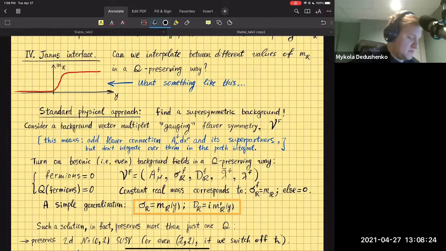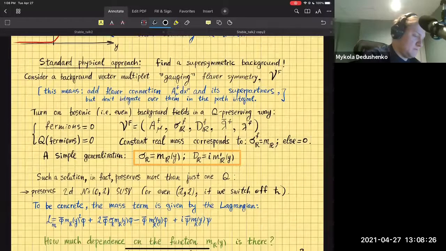It preserves the whole 2D N=(0,2), so in fact two supercharges. And if we turn off this SUSY-breaking parameter ħ, then this solution preserves 2D N=(2,2) supersymmetry. So it's a certain half-BPS configuration, as it's called, meaning that it preserves half, 4 out of 8, supercharges.